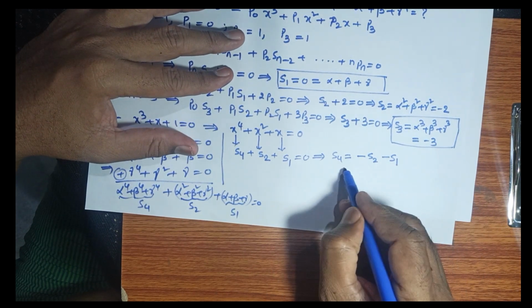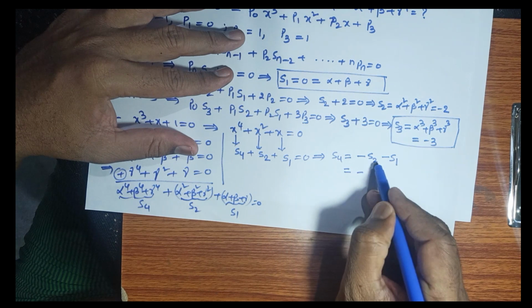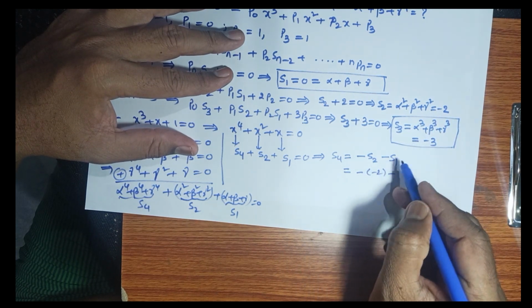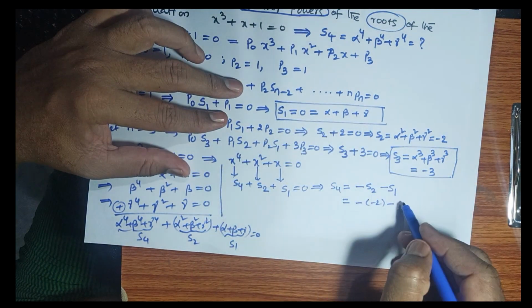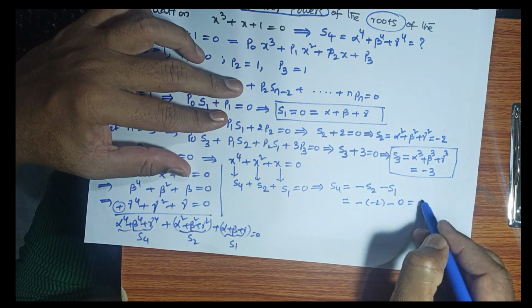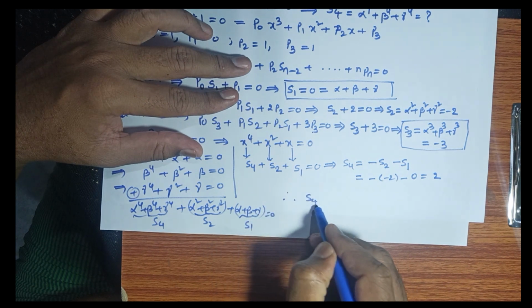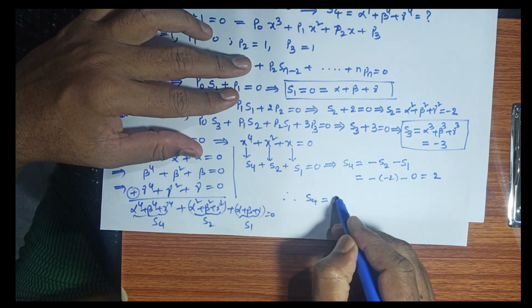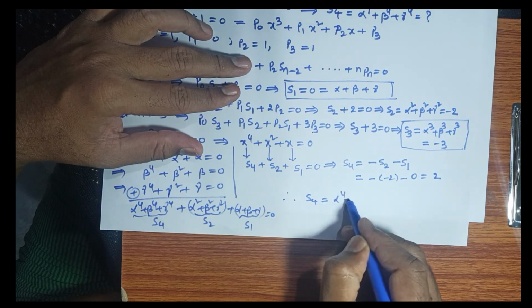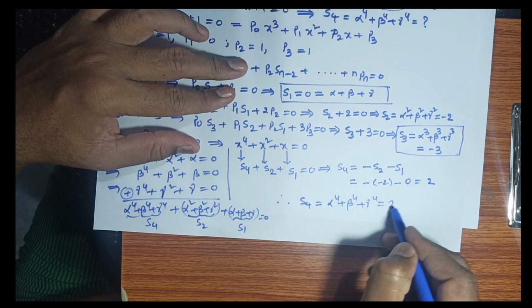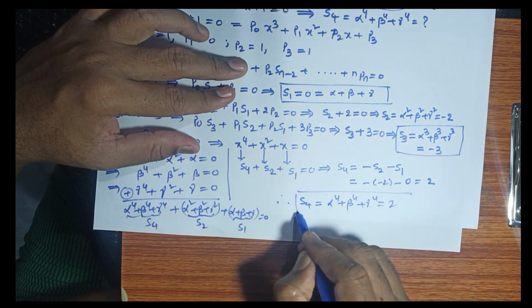Minus of S2, where S2 is minus 2, and minus of S1, where S1 we got as 0. So minus of minus is a plus 2. Finally, S4, which is alpha power 4 plus beta power 4 plus gamma power 4, is equal to plus 2.